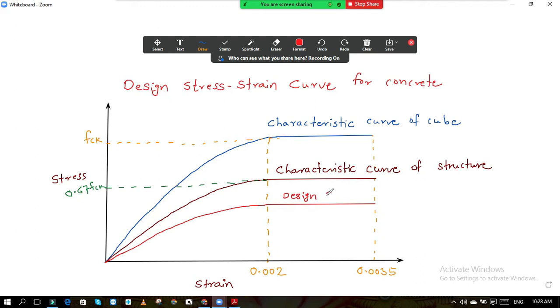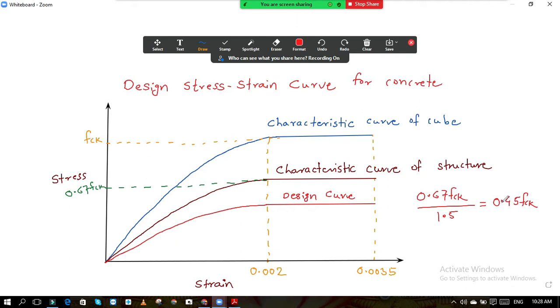And how is it obtained? It is obtained by dividing this 0.67 fck, which is the curve of the structure, by the factor of safety, that is 1.5, the partial factor of safety of concrete, and then we will get 0.45 fck, or 0.446 fck.